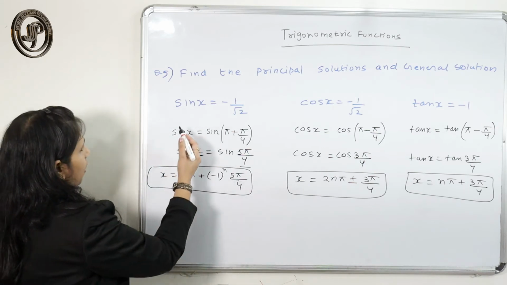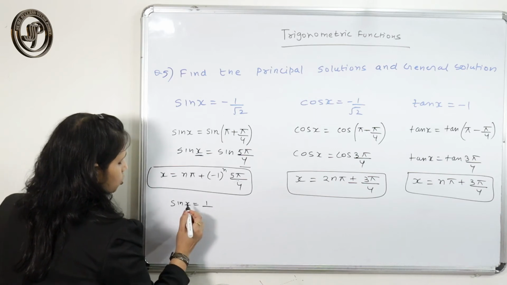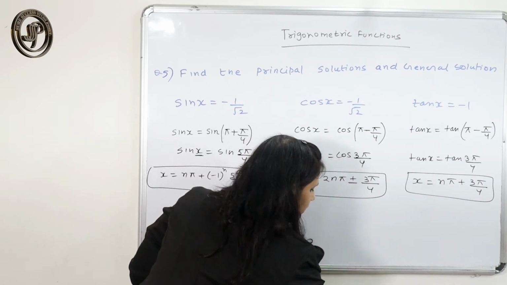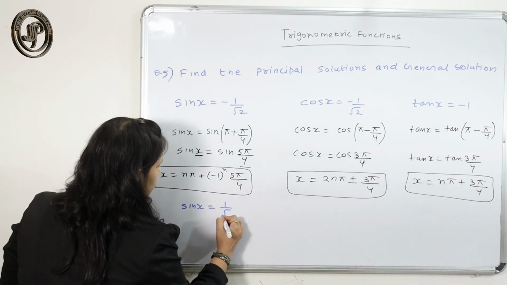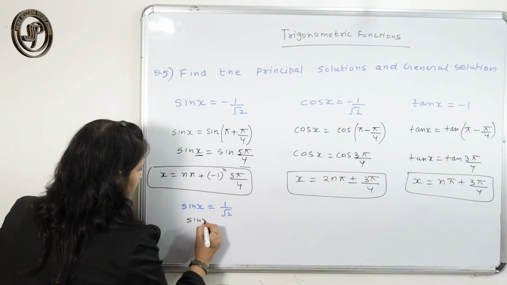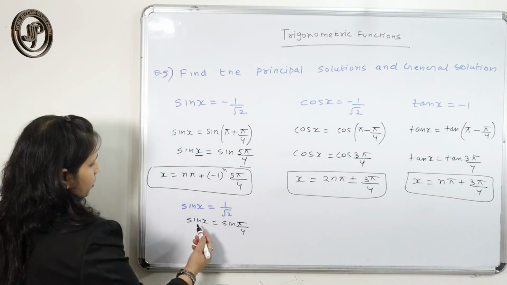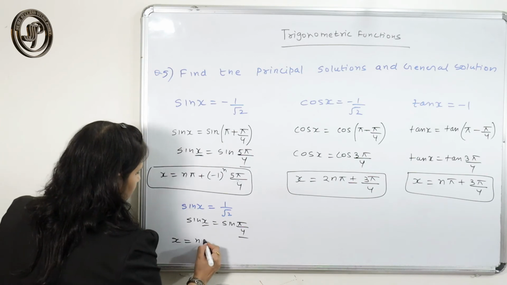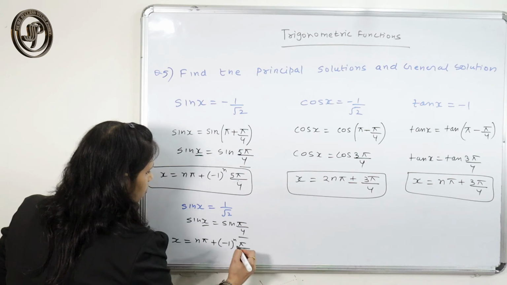One more thing, if the question is sin x is equal to 1 by root 2, then how do you do that? That would be very simple. You just write sin x is equal to sin pi by 4. Then this will become theta, this becomes alpha, and your x will be n pi plus minus 1 raised to power n pi by 4.